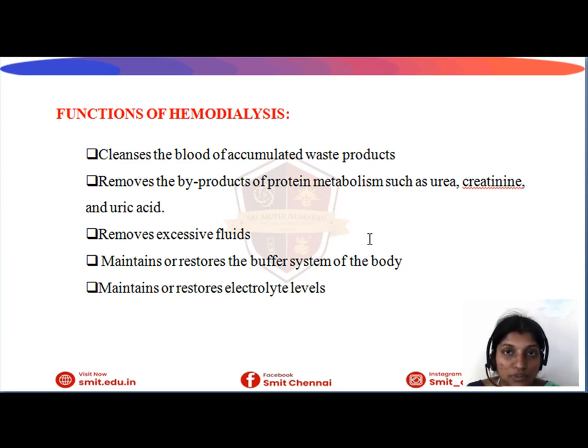Third, it removes the excess fluids and maintains and restores the buffer system of the body. And finally, it maintains the electrolyte levels of the body. These are the functions of hemodialysis.